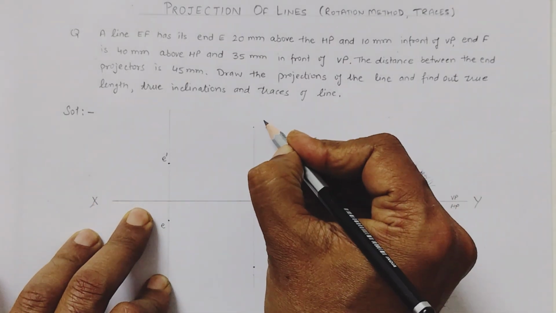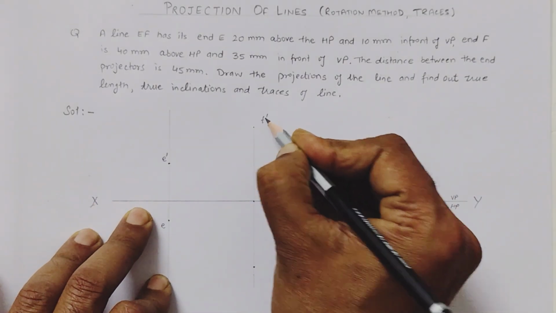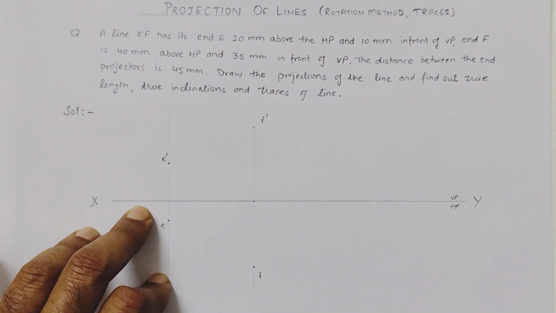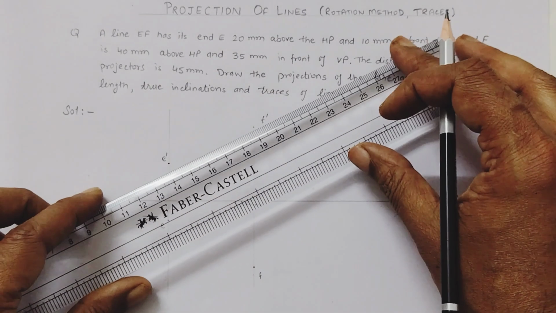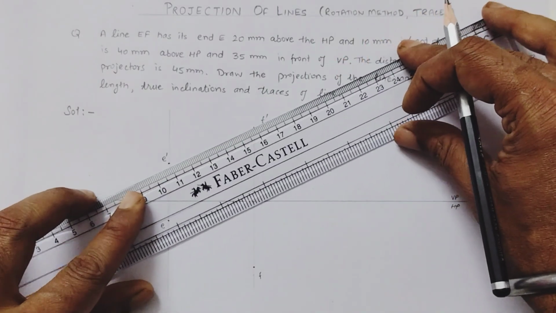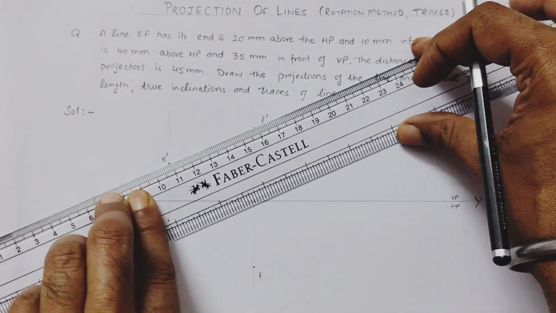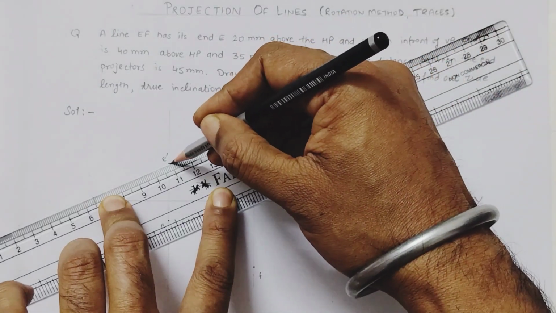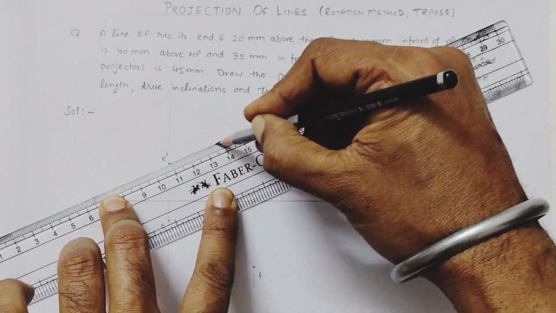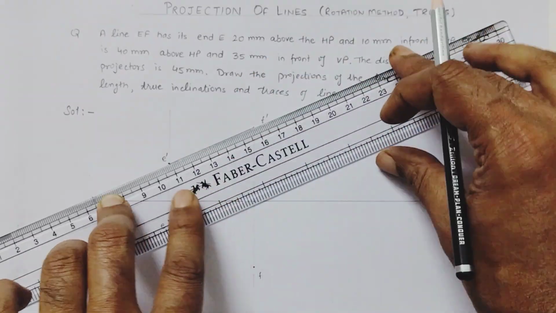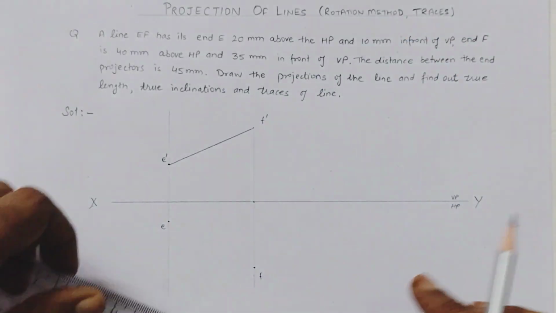So this is the end point of projection for point F. Here is the top view. Now we will join these two, that is the front view of points E and F. So this is the front view of line EF at the given condition.